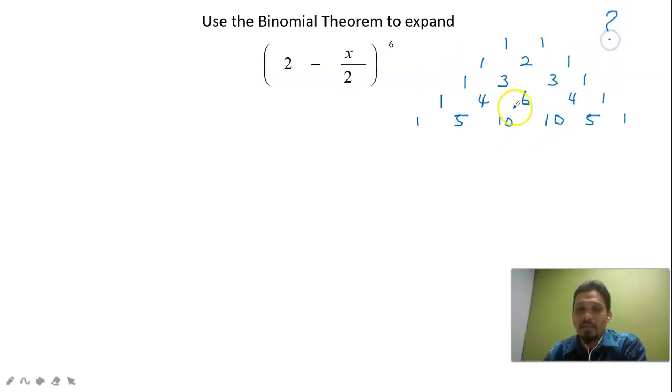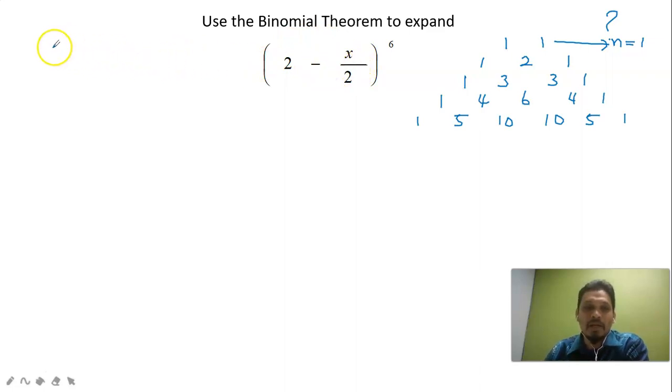These numbers, for example, this is where n equals 1. What is n equals 1 here? It is based on the index, or the power, of this binomial term.